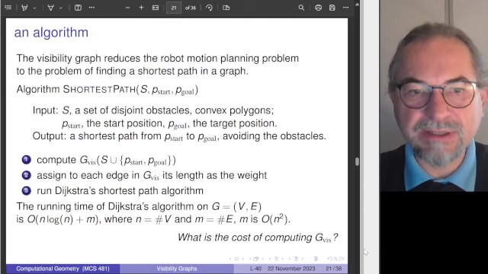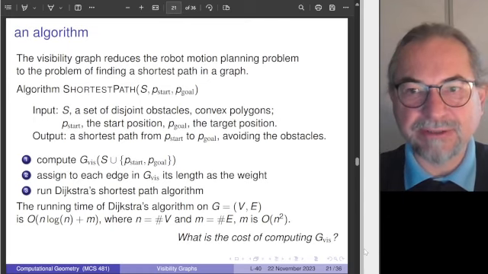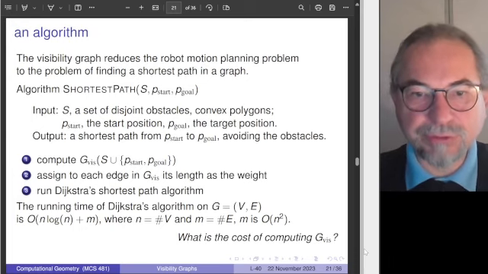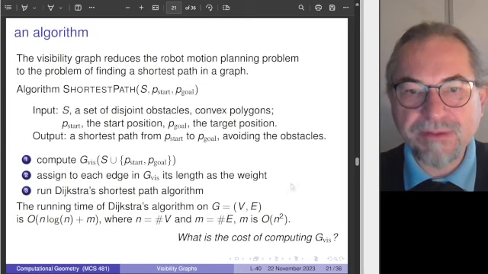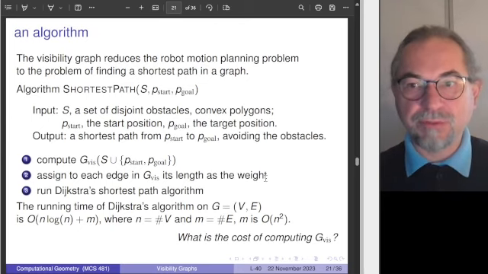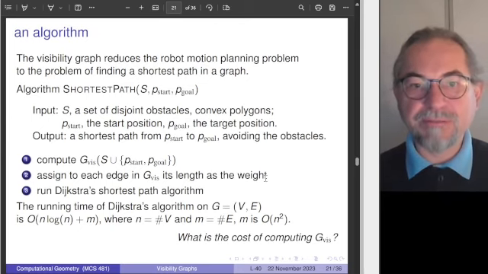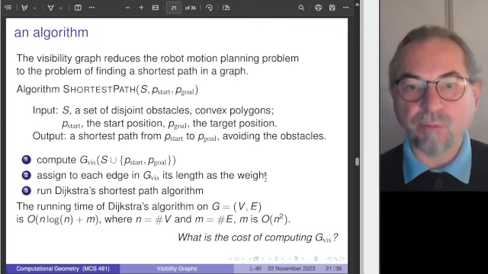There is the start position and the target position that are added. So the output is computed, so here you see what is missing, step 2. So when we have determined the visibility, we are adding the weights.